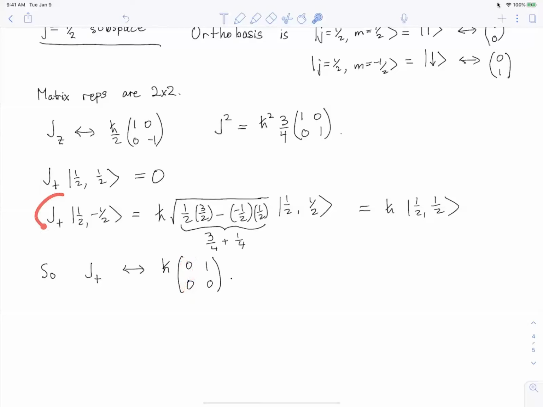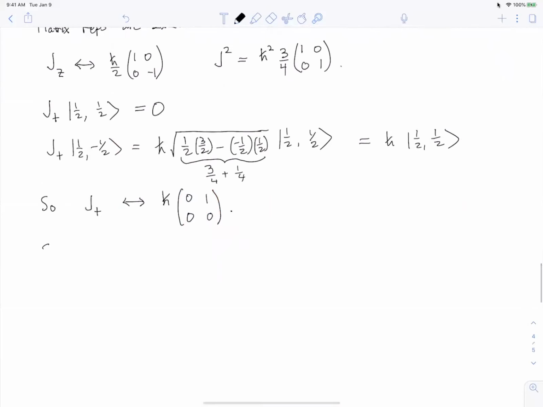And this statement right here is saying if we act on the second vector, we get h bar only if it's the lowered one. Okay, so then we get back plus 1 times h bar, that's this element, and we don't get anything with the minus 1/2 state. So that's how that becomes 0. Okay, and then similarly, you can repeat all the steps for J minus, and you find out it is represented by the matrix h bar 0, 0, 1, 0.